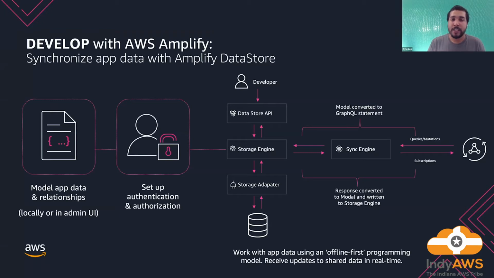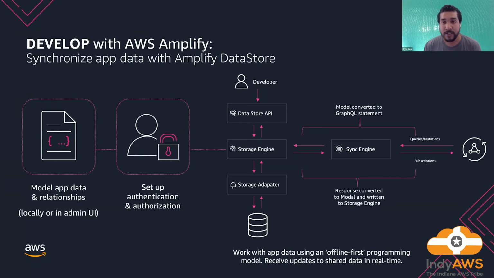But essentially, you would build out that schema in GraphQL, or you could do it in the admin UI, which is a GUI that we're going to actually look at in a couple minutes. You can also set up authentication and authorization for your users and for your team members as well. So who has access to what, all that can be managed.